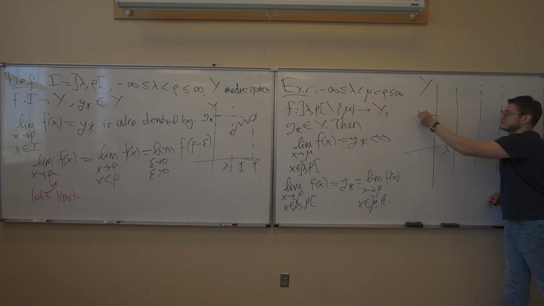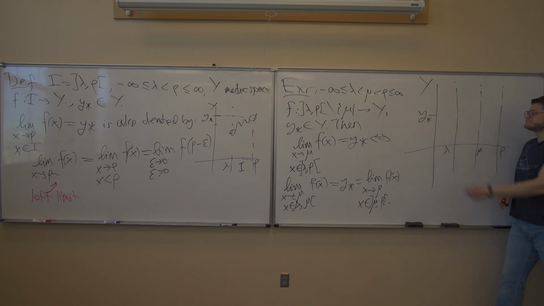And somewhere here is y star. This is my target, okay? Now, I'm not saying that f of mu equals y star. That's going to be important when we start talking about derivatives, but it doesn't need to be defined there. What I need is that as I'm approaching mu on the subset where f is defined, I want to have a unique limit. That's what this means.